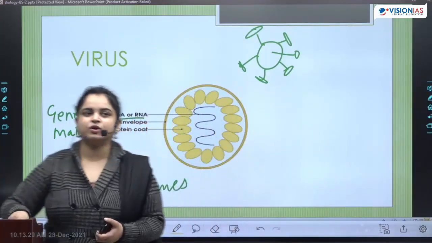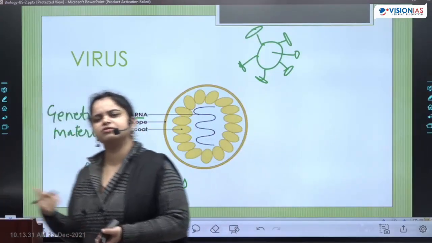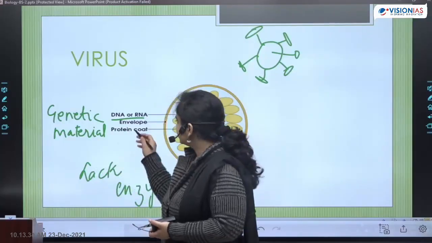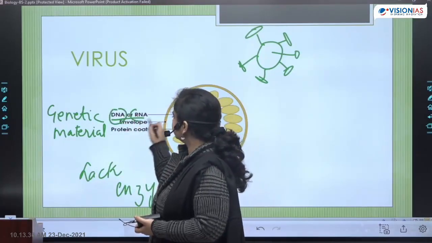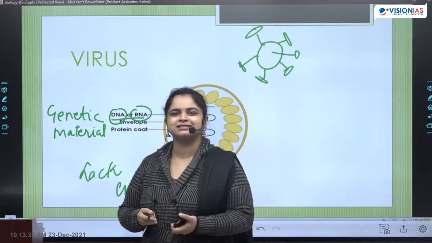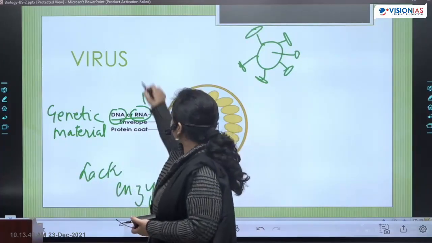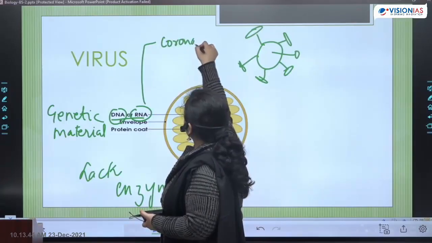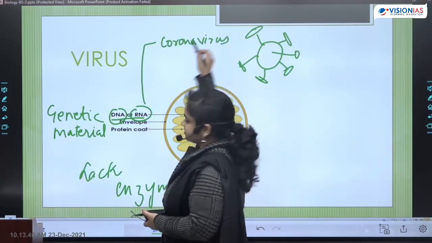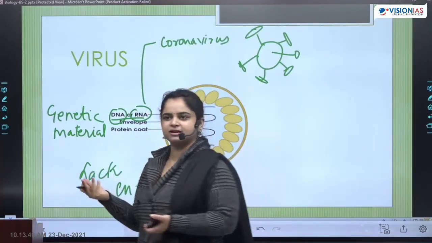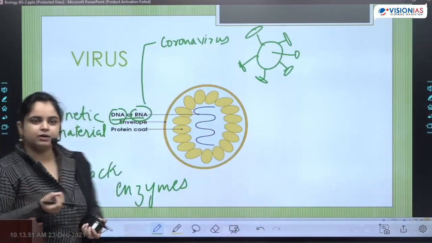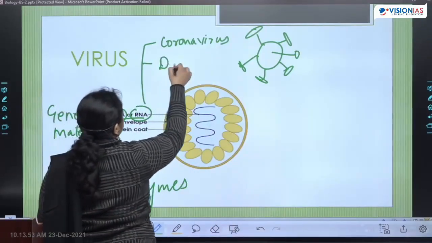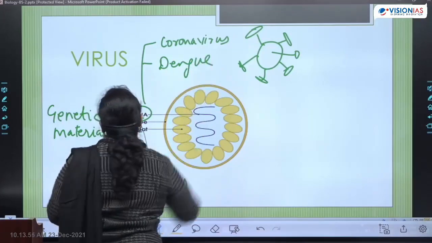So whenever you are reading about any virus, we'll talk about this again when we come to diseases, you have to first identify this part only. Is it a DNA virus? Is it an RNA virus? RNA viruses today, of course, you have all your coronaviruses, the most common example which we are dealing with. Then you can have an example of a dengue virus here.